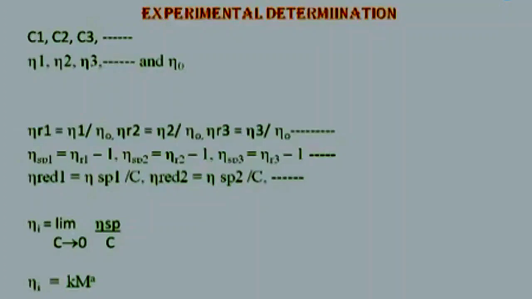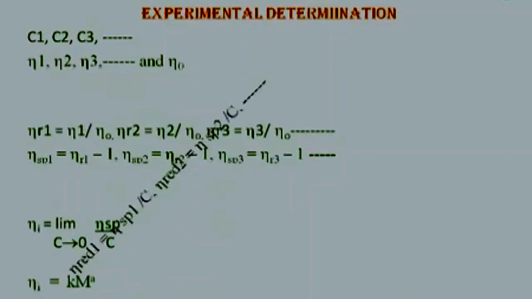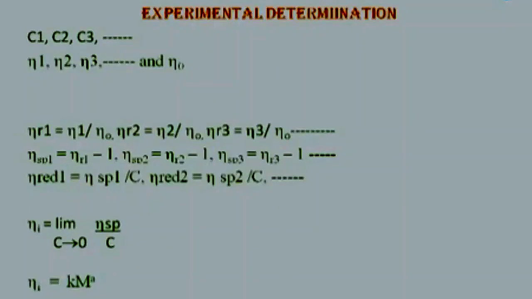Then calculate eta reduced. As you know, eta reduced is nothing but eta Sp upon C. So the values become eta reduced 1, eta reduced 2, eta reduced 3 and so on. Then plot a graph between eta reduced versus concentration. You get a straight line, and by extrapolating the straight line to C equal to 0, we get intrinsic viscosity.